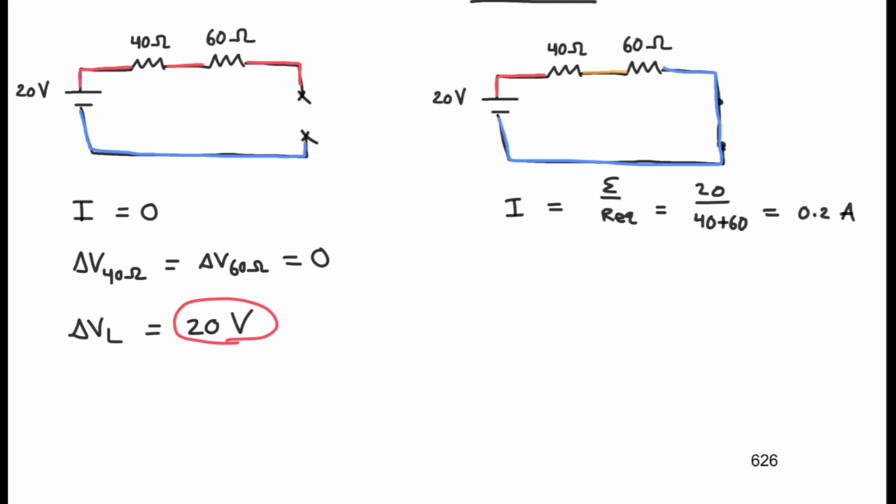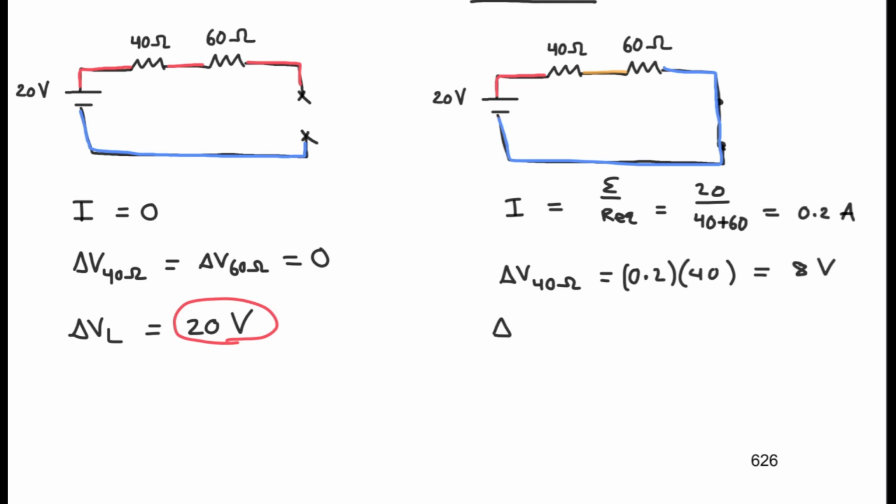Then to calculate delta V across each resistor, we're just going to do Ohm's law. So multiplying delta V equals IR for each resistor. For the 40 ohm, it's just the 0.2 amps times 40, which would be 8 volts.